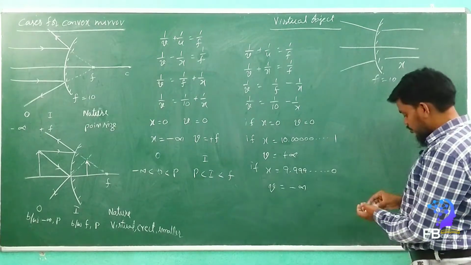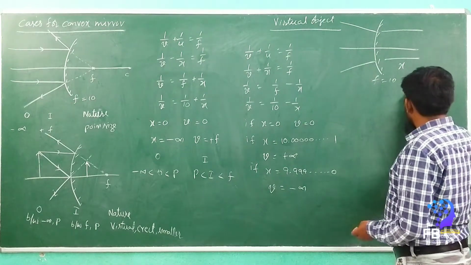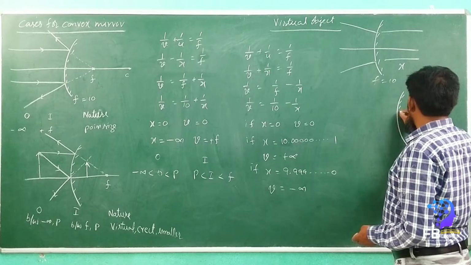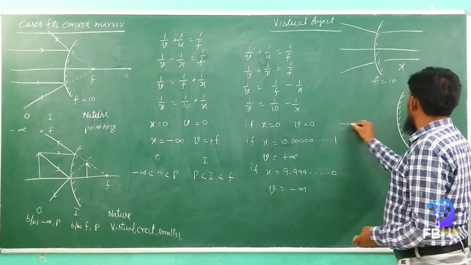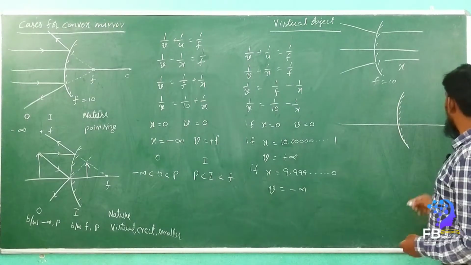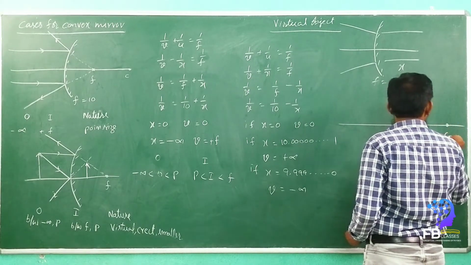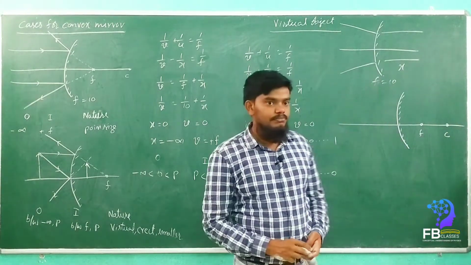See here, I am going to draw. This is the consolidation. Let this be F and this be C. Got it?